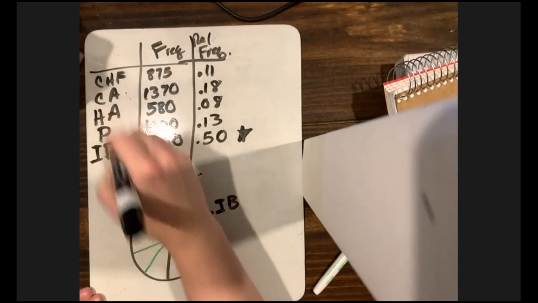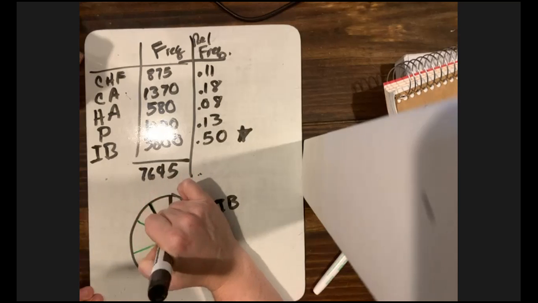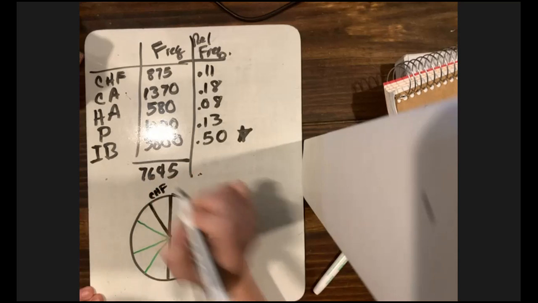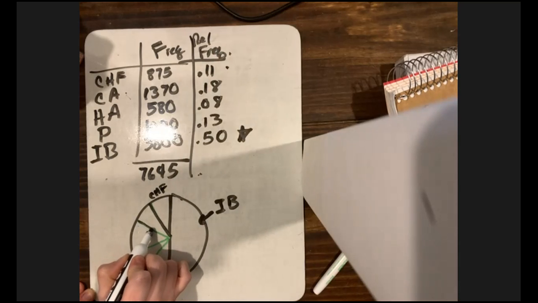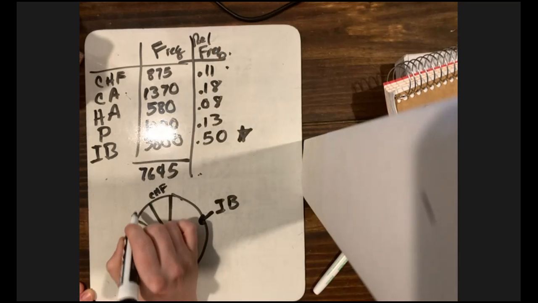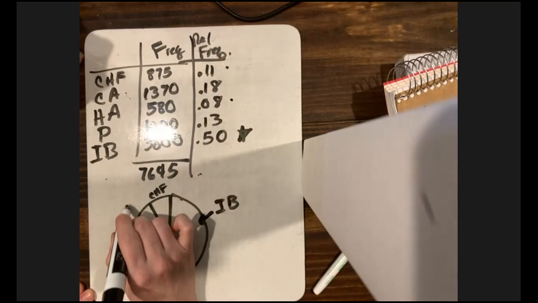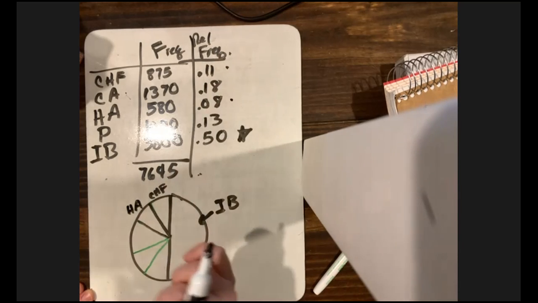Okay, so for congestive heart failure, I'm going to go just outside of this because that one's at 11%. Okay, I'm going to do just inside of this because I took a degree here, so that would put this at about 9. I'm going to take one in here, so that would be about 8. So this was heart attack. And then I've got the 18 and the 13.